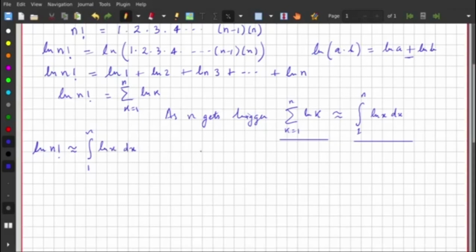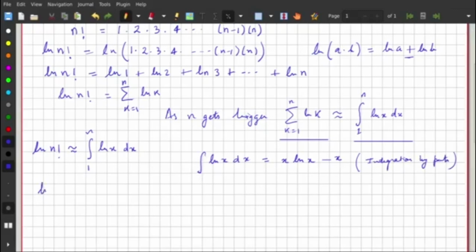Okay, and using the fact that the integral of log x dx is x log x minus x, and this comes from integration by parts. Okay, so this is the indefinite integral. So if we use this here, it becomes log of n factorial is approximately equal to x log x minus x with limits from 1 to n.